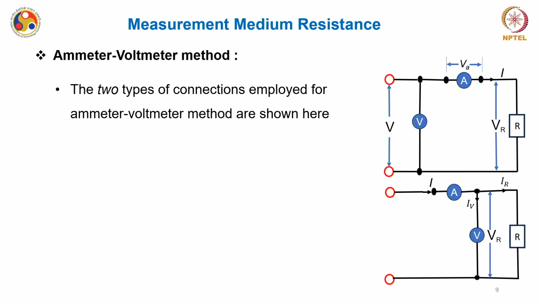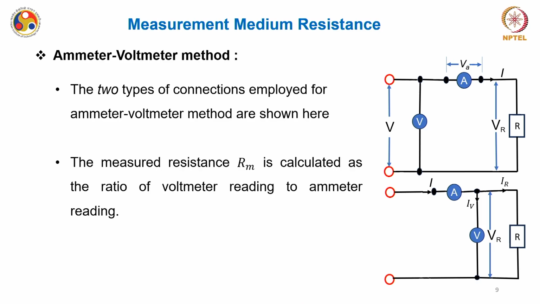We can have two different types of connections for this method, and any layman will try this kind of arrangement when measuring the resistance of any unknown value. I am calling these connection 1 and connection 2.